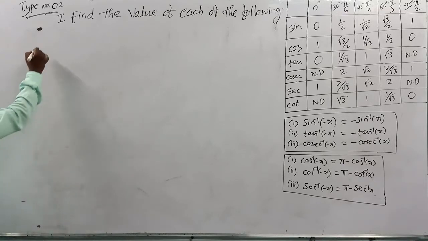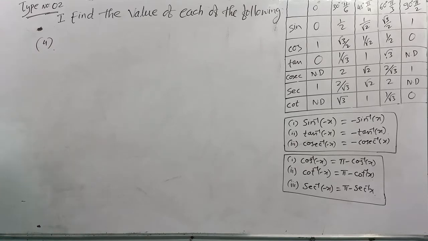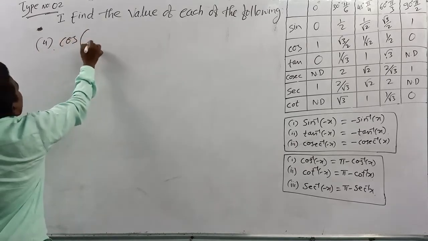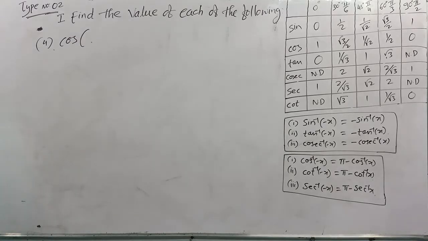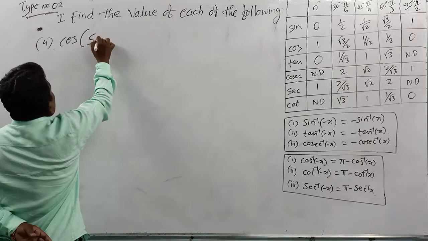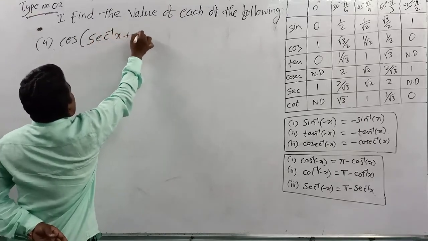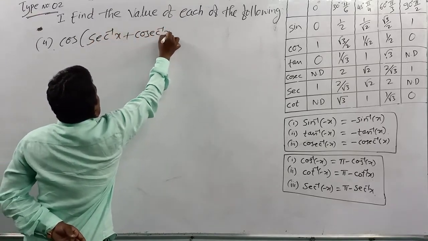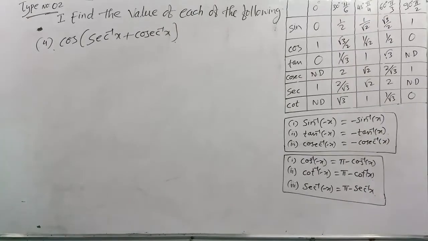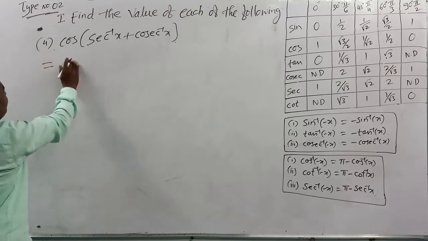Now fourth one is cos of sec inverse x plus cosec inverse x. Now simplify. This is important.